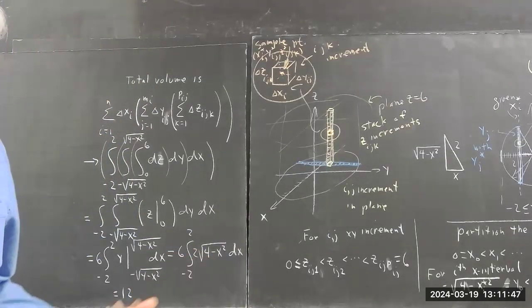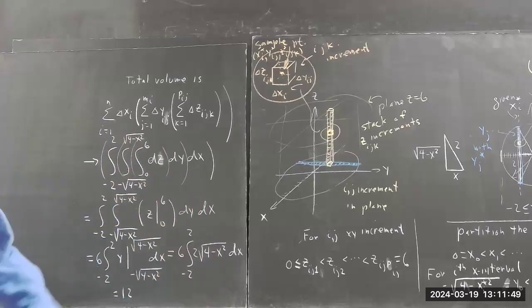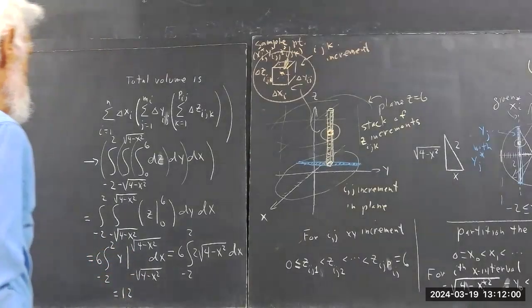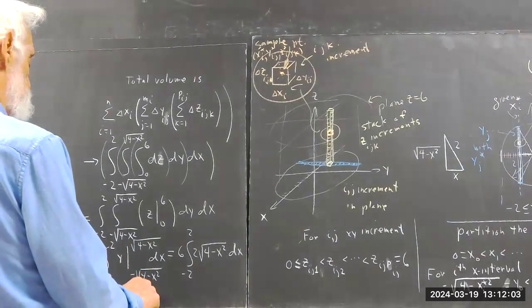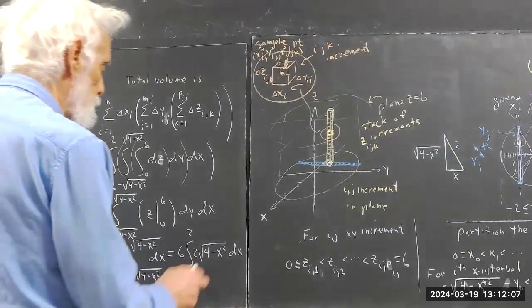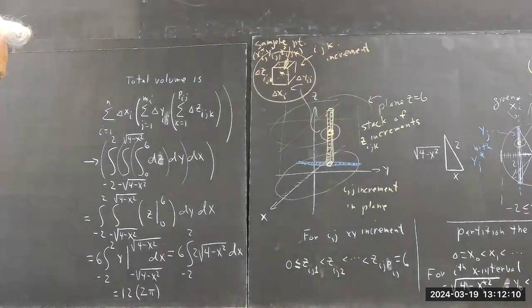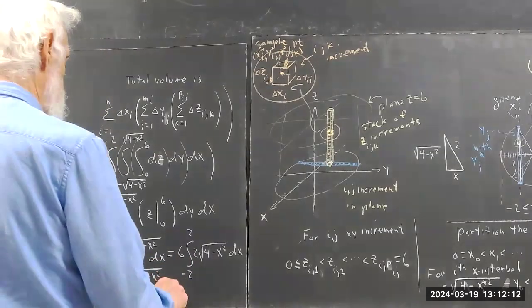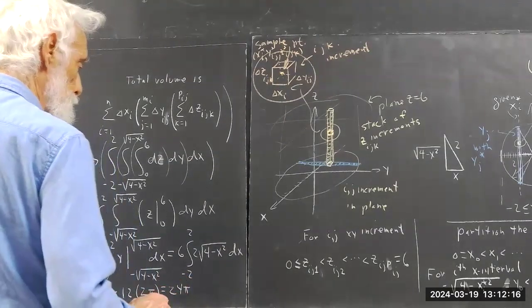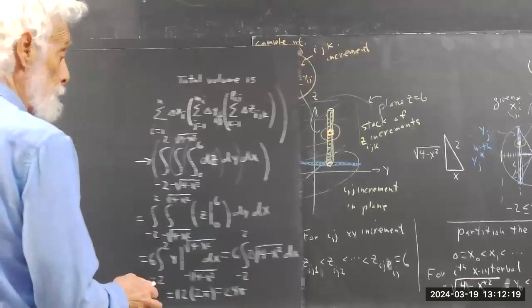You're going to do a sine substitution, let x equal 2 sine theta, and do the trig substitution and do your details, okay? And that's straightforward enough. Each of these is going to give you a pi. You're going to get 12 times 2 pi, or 24 pi, without going into the details, because we don't really have time to do that right now.